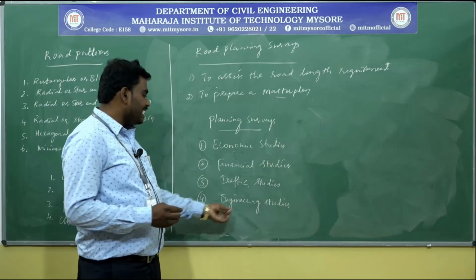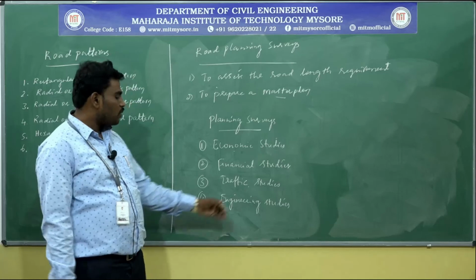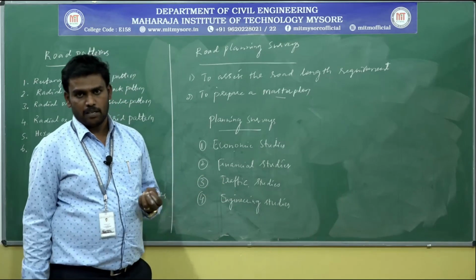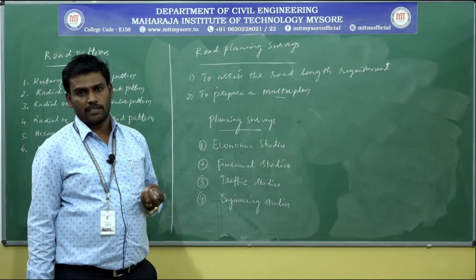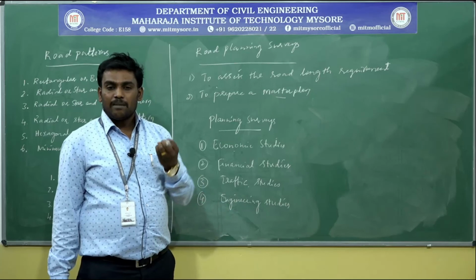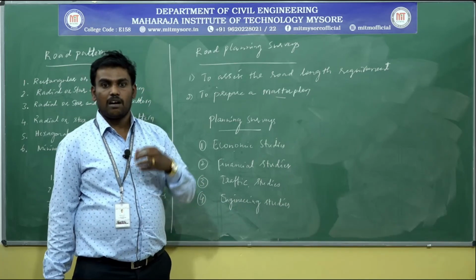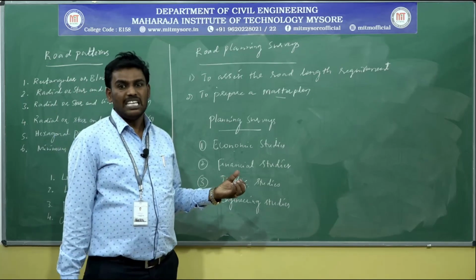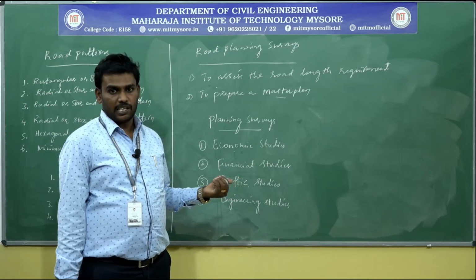The next one is engineering studies. In this we have to study what type of locality, that is the topography and the soil. That is called soil survey. Soil survey has to be conducted, and the materials for construction or maintenance work and labor available for construction, that you have to study in the engineering studies.